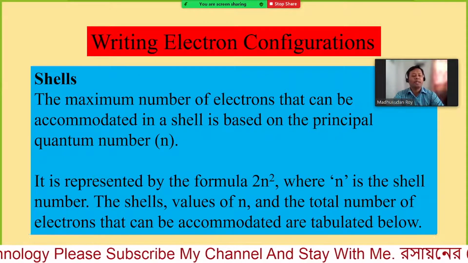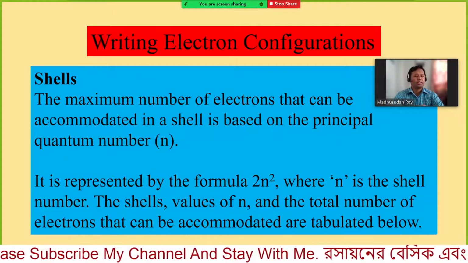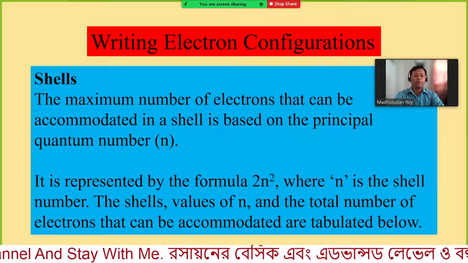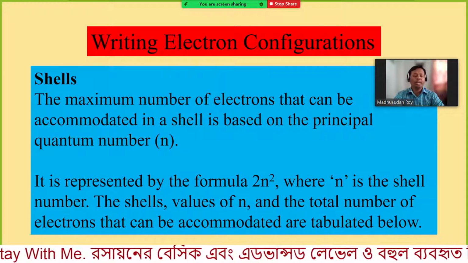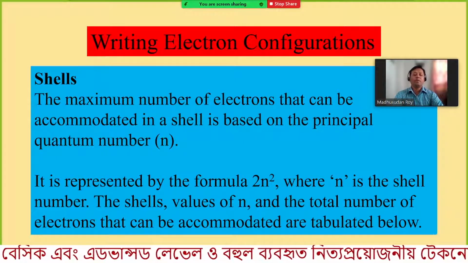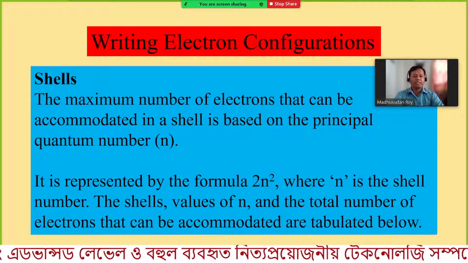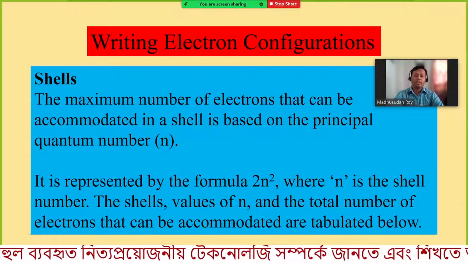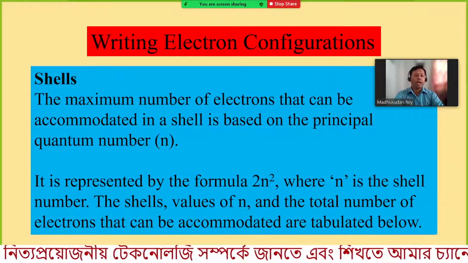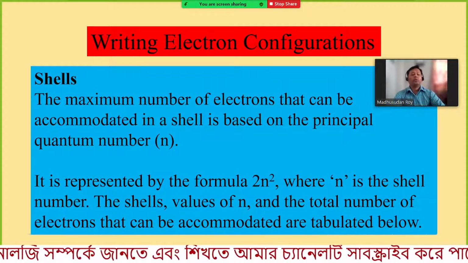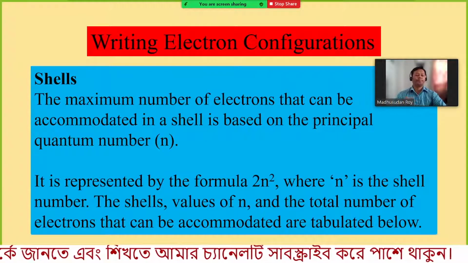Last class I already mentioned 2n squared. That means in any specific shell, orbit or principal quantum number, the maximum number of electrons that can exist in the shell is given by the formula 2n squared. And what is the value of n?